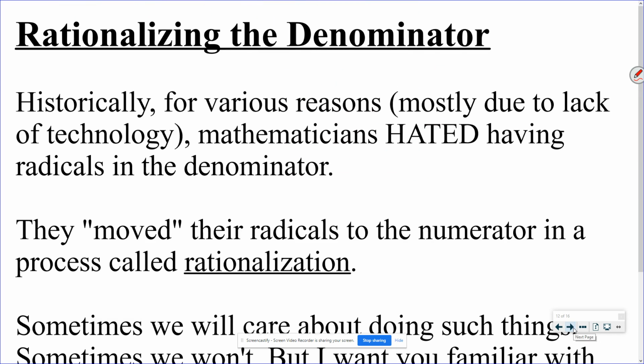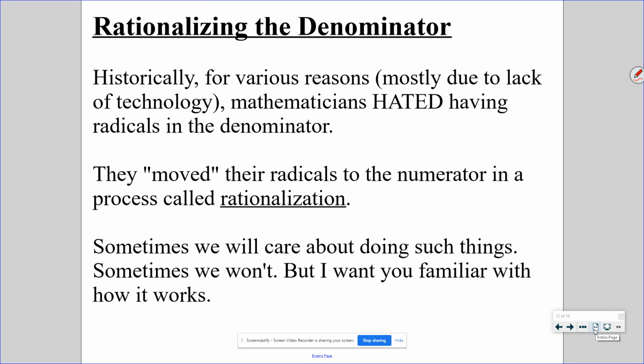Okay, one more topic to discuss is rationalizing the denominator. So it kind of is like one of those things where, you know how you're supposed to simplify fractions? Like 3/6 is a fraction, but we would rather you write it as 1/2 because that's the simplified version. This is kind of the same thing. So this is called rationalizing.